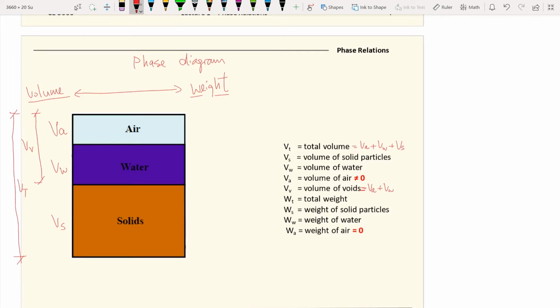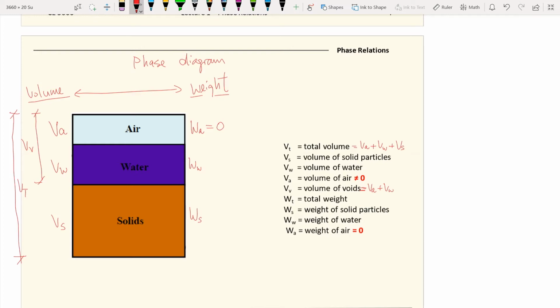And on the right hand side, or the other side of the phase diagram, we have the weight components. Similarly, we have the weight of the air, the weight of water, and also the weight of solid. And realize that the weight of the air is small enough that we can claim it is zero. So the weight of the air is not significant.